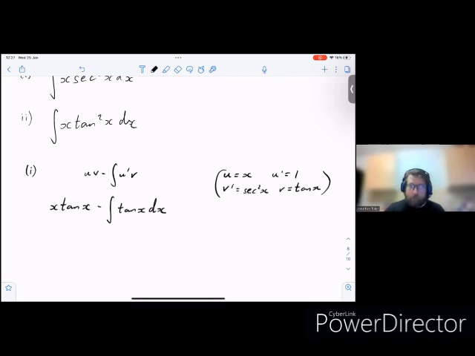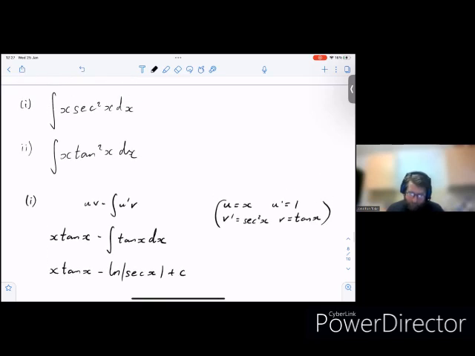So this becomes x tan x minus log of sec x. Again, that one is in the formula book. Plus c. So for part 1, the integral of x sec squared x is x tan x minus log of sec x.